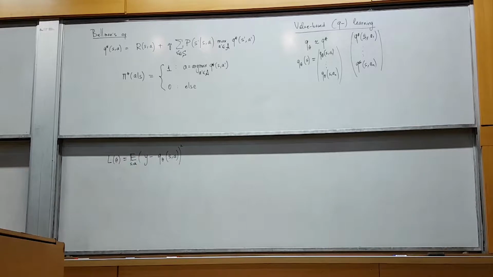Okay? So I would like to minimize this loss with respect to theta. Of course, this amounts to doing supervised learning on the neural network Q, right? It's a regression problem, essentially. Now, where will the y come from?